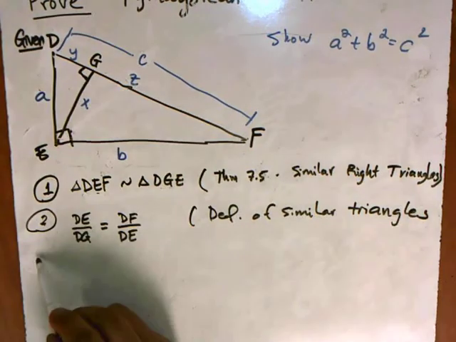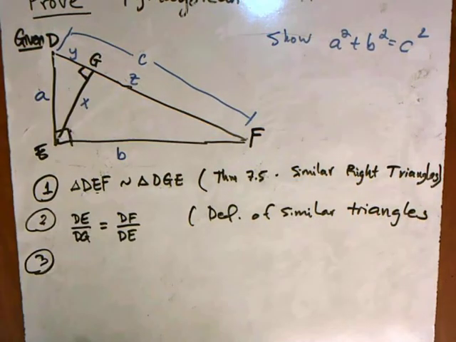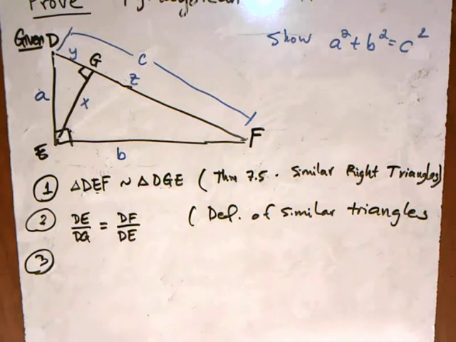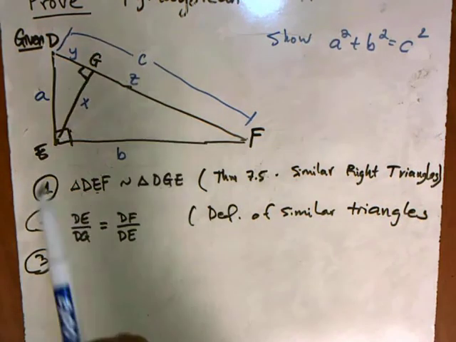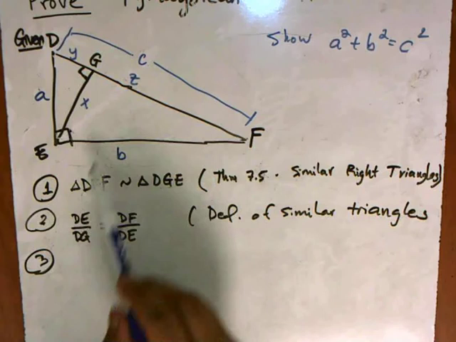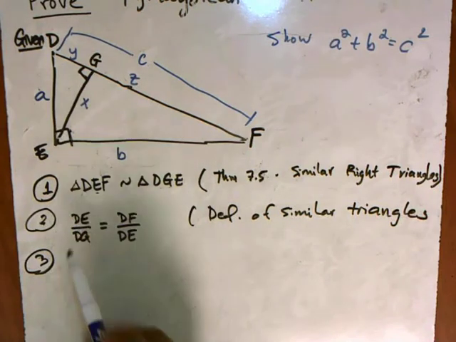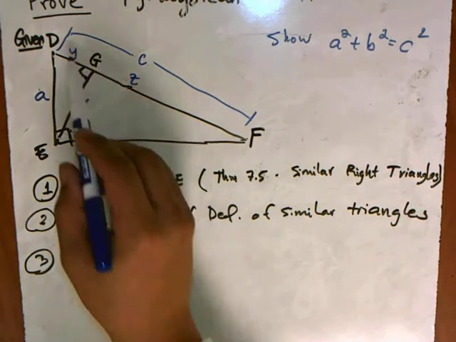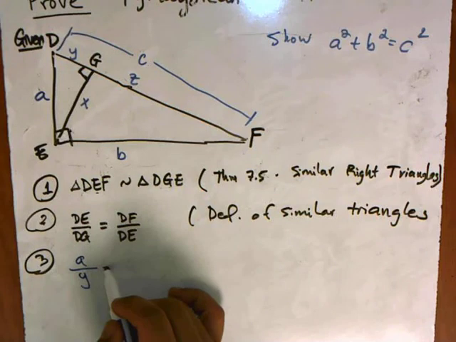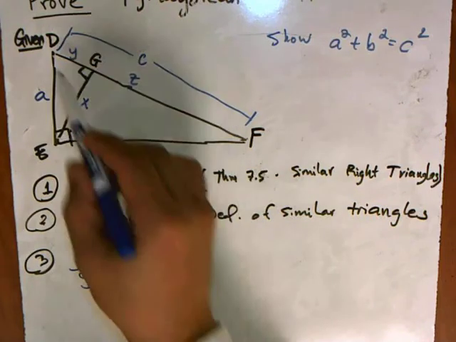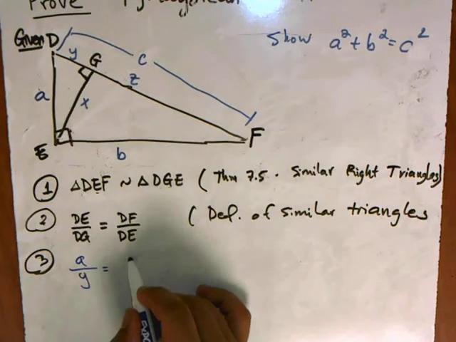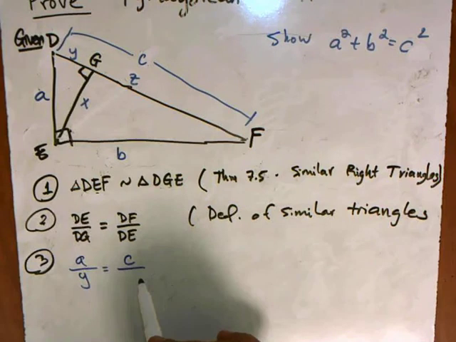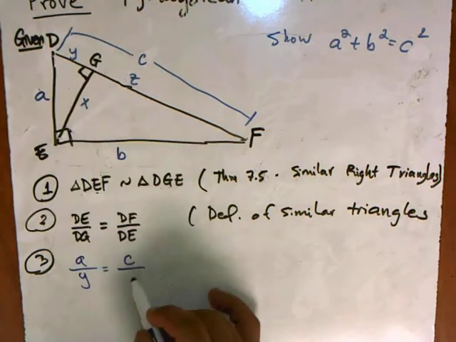Now I'm going to substitute in the actual lengths of these statements. I'm going to show you that here. DE is actually a, so a goes in the numerator there. DG is y, so a over y is equal to DF, which is c, over DE again, which is a.